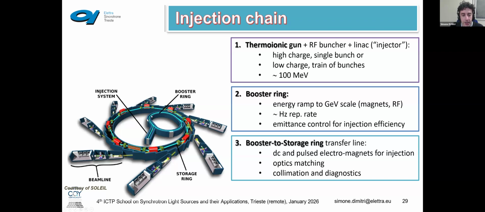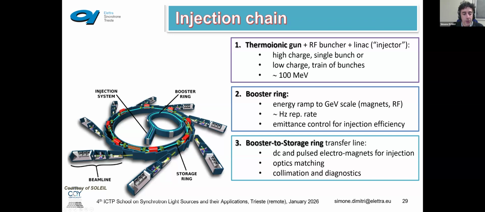Then these electrons are injected into a small synchrotron. This is a synchrotron with a simplified magnetic lattice. It's not aiming to produce radiation or high quality radiation, but just to ramp the electron beam energy up to the target energy of the main ring. So this is called the booster ring. And once the target energy is reached over many turns, the booster ring injects the electrons into the main ring, which is the synchrotron properly said.